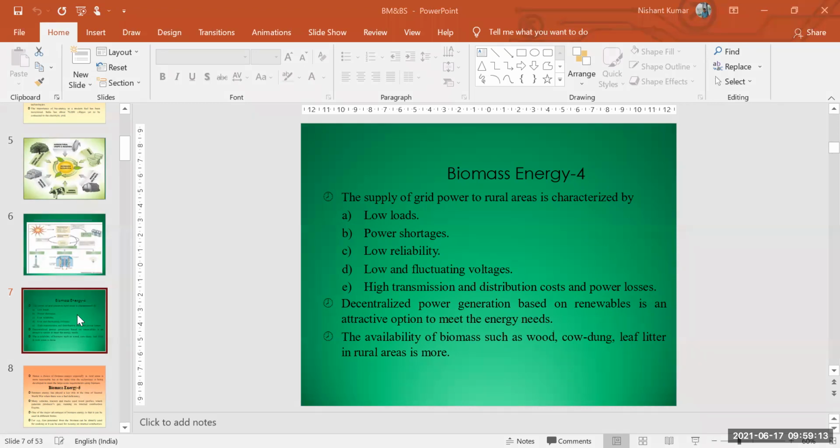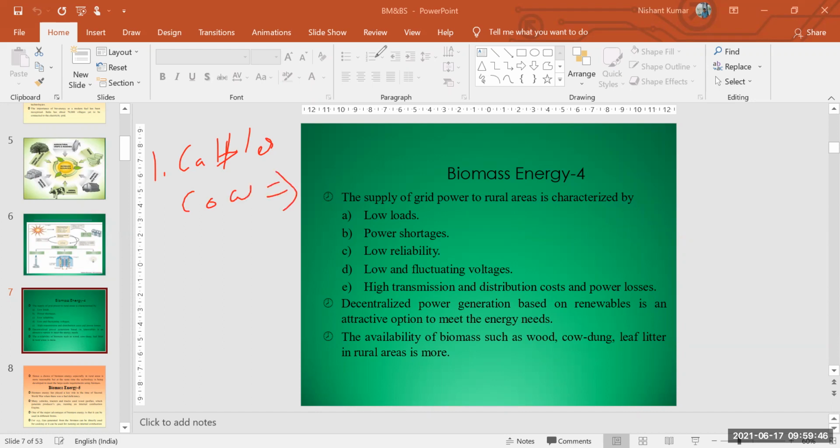So whenever we are designing a biomass energy plant, we first calculate the number of cattle present at the locality where we have to feed the load. This is very important because they are the residue source. Different species of cattle have different energetic value in their residue, that is their dung.